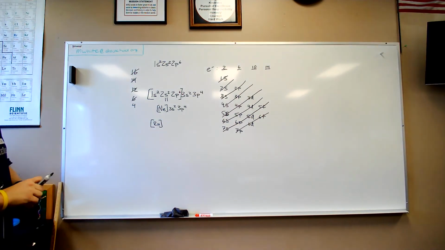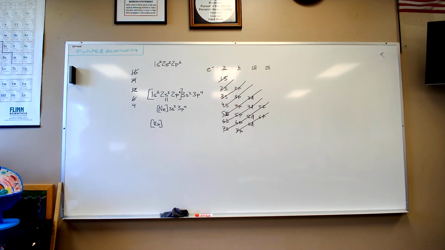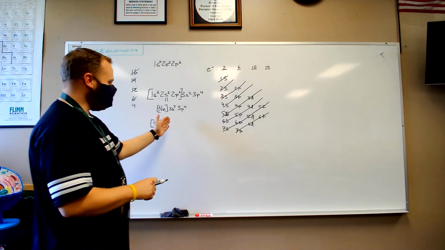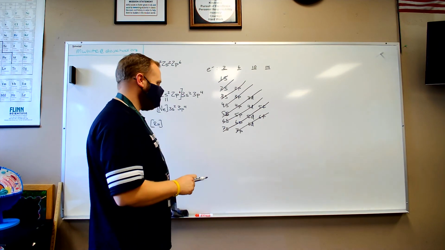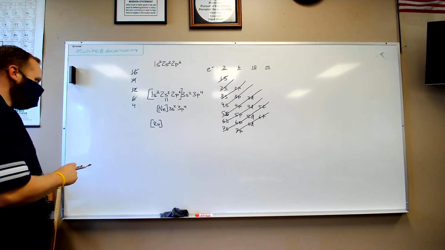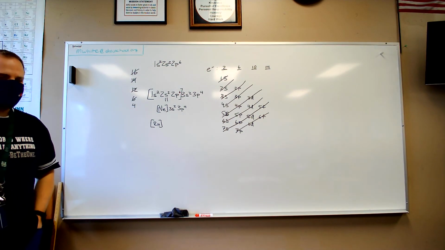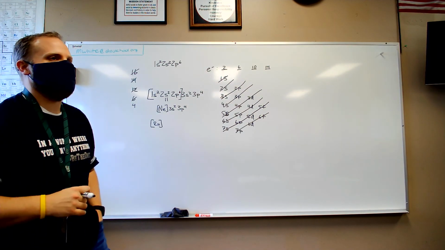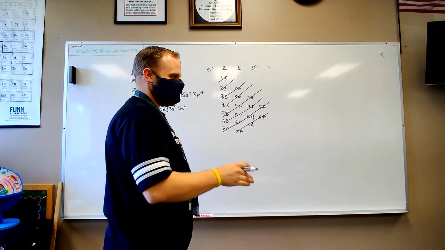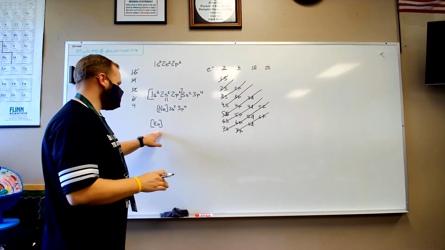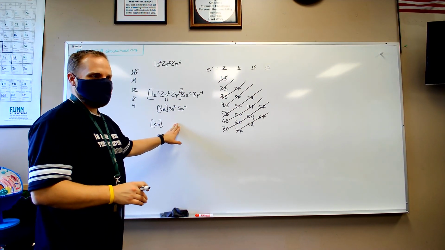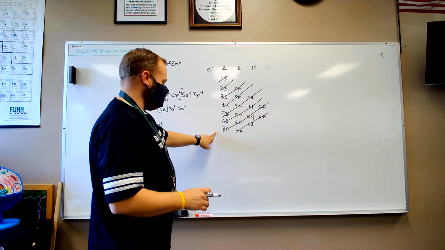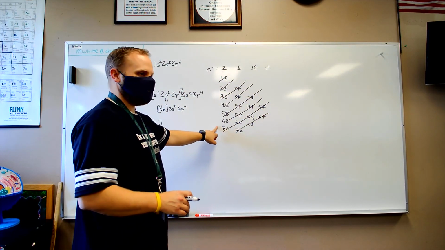Now, how do we know where to start after radon? Well, here's the nice thing. For reasons which will hopefully become apparent as we move through the class, you will always, after a noble gas, start with an S. So really, you just have to figure out what level it is.